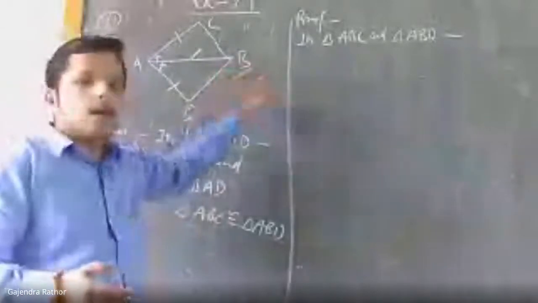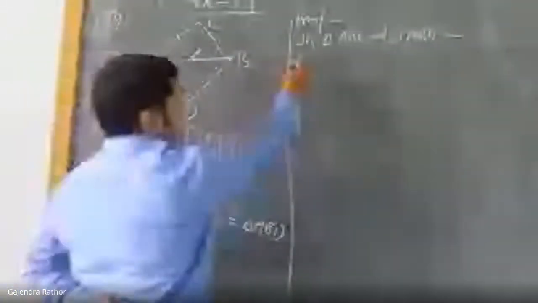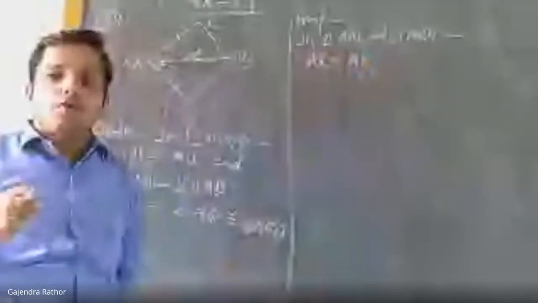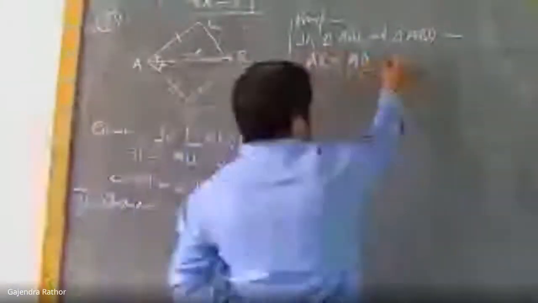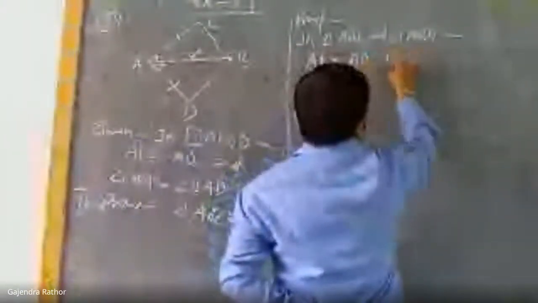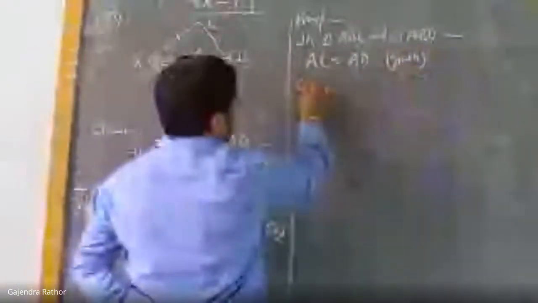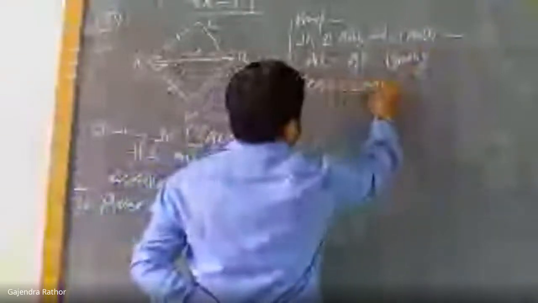So we will write one by one. First, AC is equal to AD. After finding each part equal, we should also write the reason why it is equal. This is equal because that is given. Now second, angle CAB is equal to angle BAD.